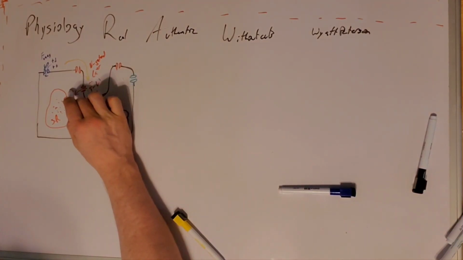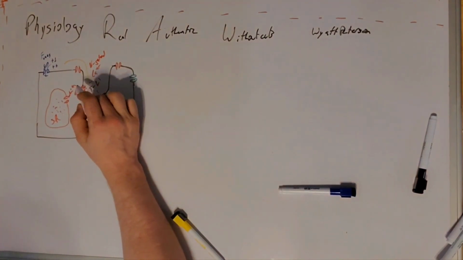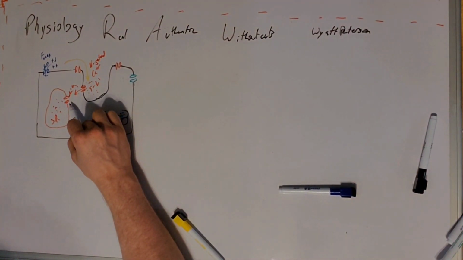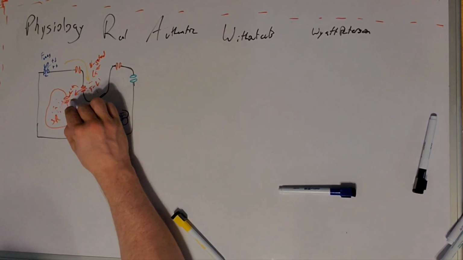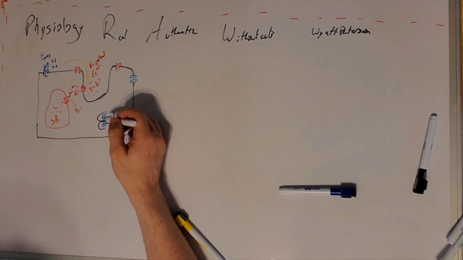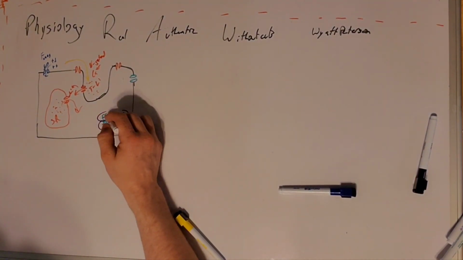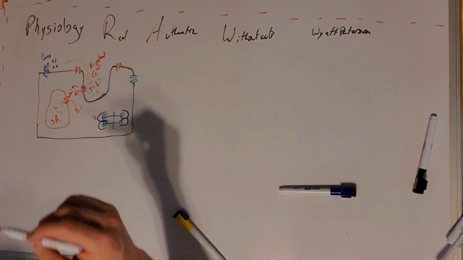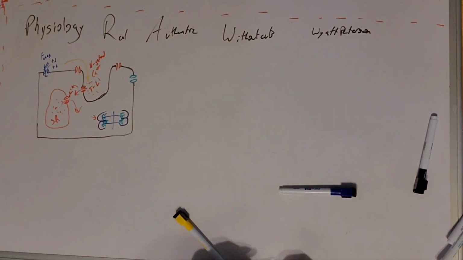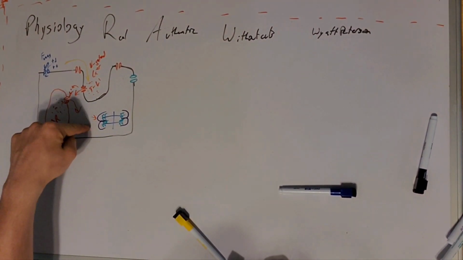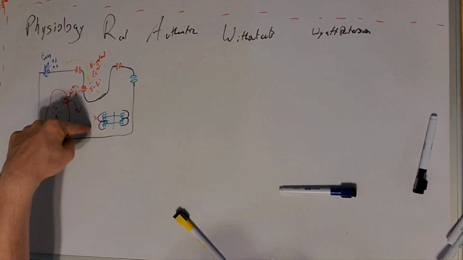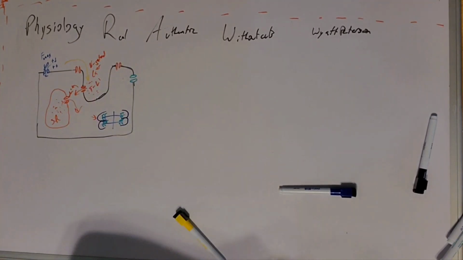So calcium from the outside will bind to that channel to allow these guys to run out and do their thing, and bind to the troponin myosin complex.